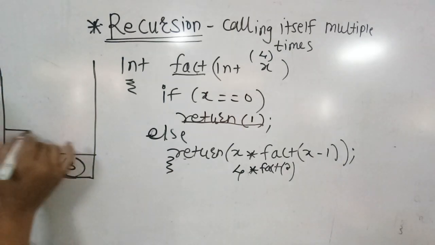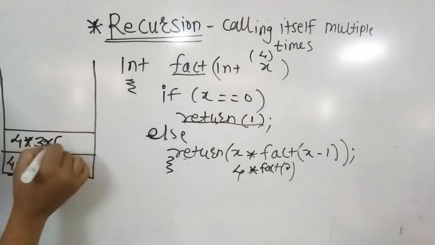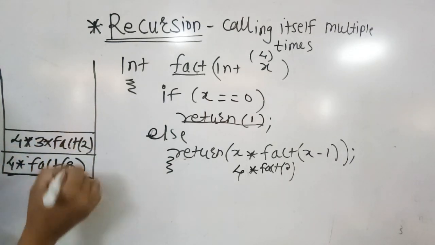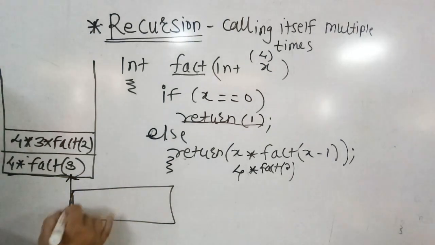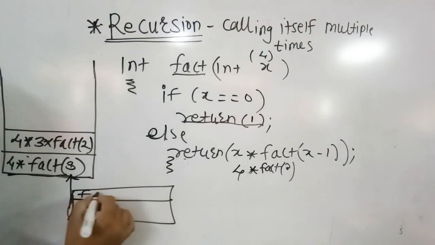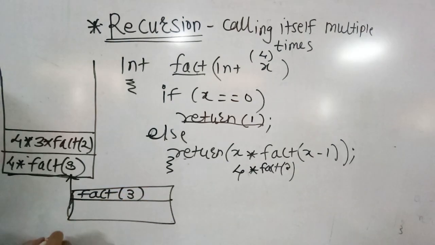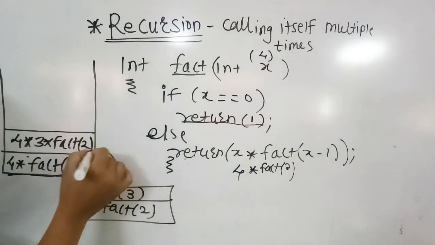Now what will be the next procedure? 4 into 3 into fact of 2. How will the value be written? Here it will take the help of another memory space, another stack, where it calculates the value of fact of 3. Fact of 3 is nothing but 3 into fact of 2, and it is written here.